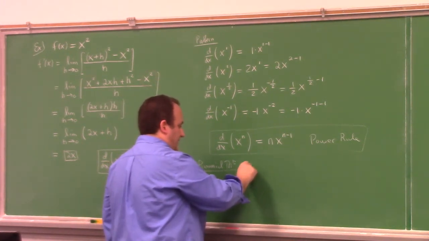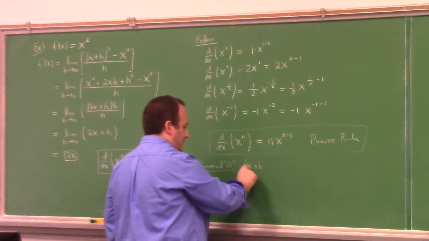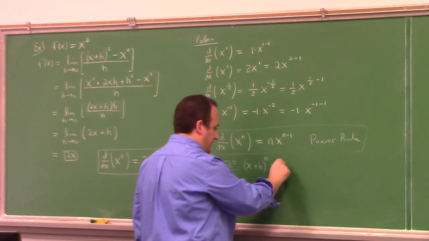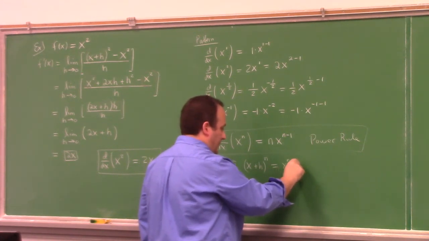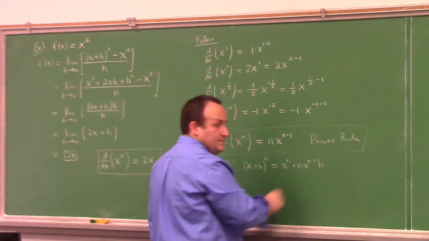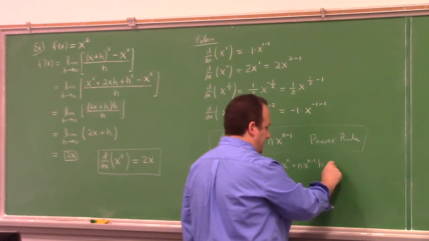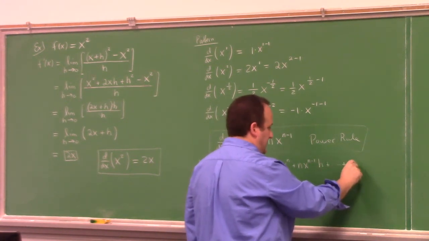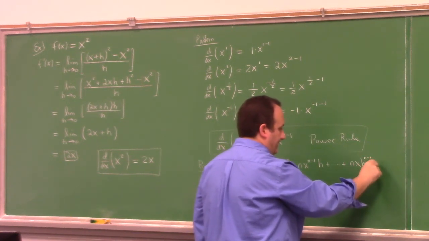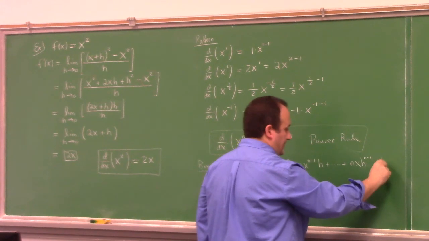In our context, x plus h to the n power works out to x to the n plus n x to the n minus 1 h plus a bunch of stuff plus n x h to the n minus 1 plus h to the n.